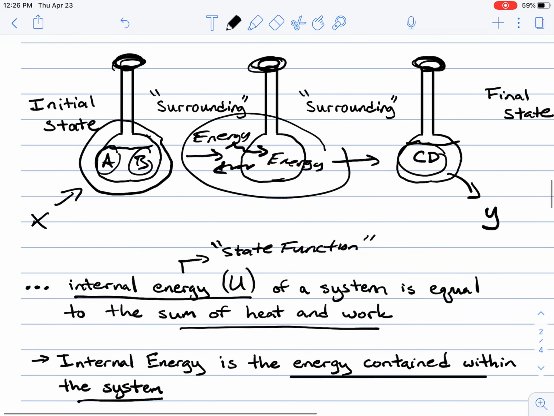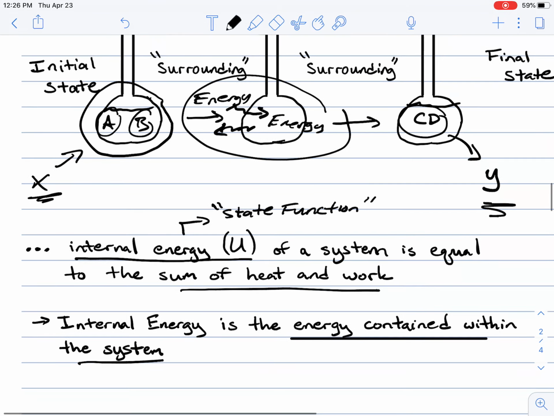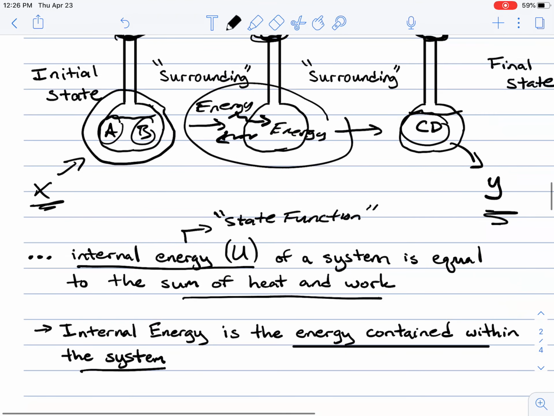By comparing the internal energy before and after the reaction, we can gain some understanding of the thermodynamic process that occurred. Hopefully me repeating some of these things will help you link these concepts together.